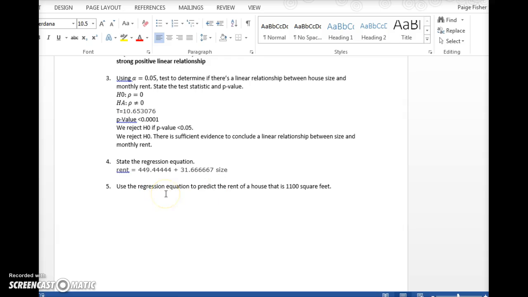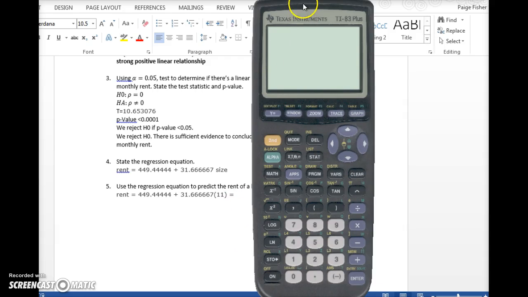Number 5, we just say, use this equation to predict the rent of a house that is 1,100 square feet. So remember I said that size equals 11. So instead of size in this, I'll replace size by 11. And that is going to be, let's get our calculator.